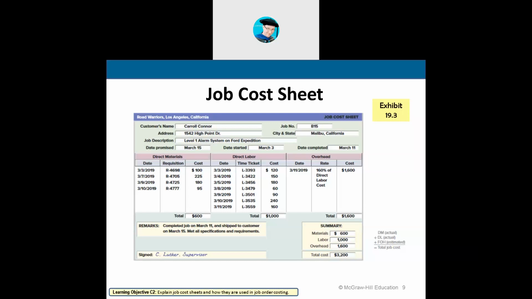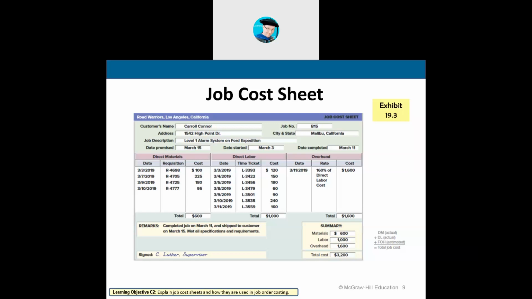Yep. So we take whatever the total direct labor is, and we multiply that by 160%. So I take $1,000 in this example times 1.60. 1,000 times 1.6 is $1,600.